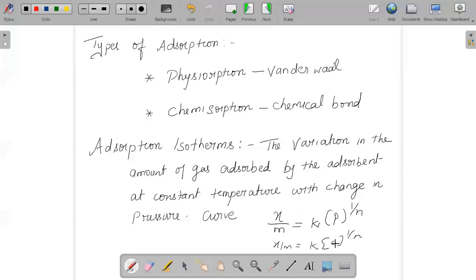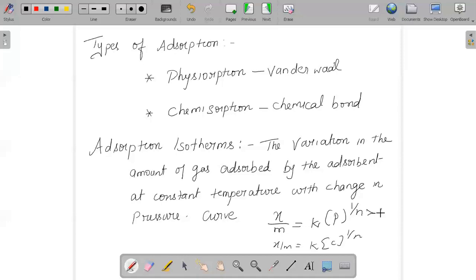K and n are constants, but do remember n is always greater than 1. This is called the Freundlich adsorption isotherm equation, or graph.